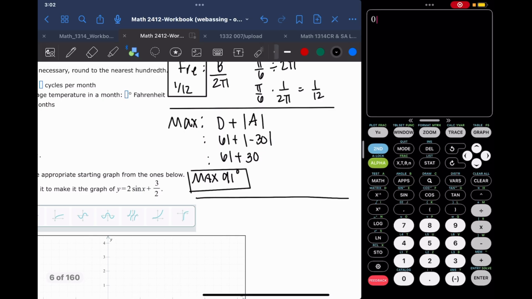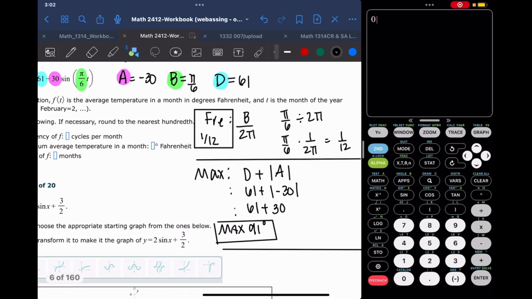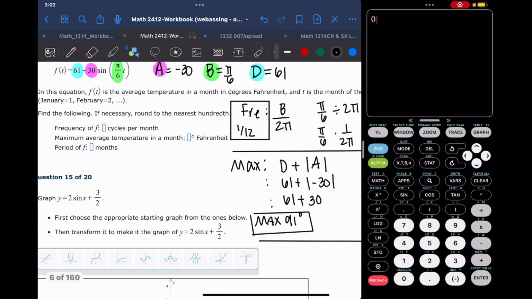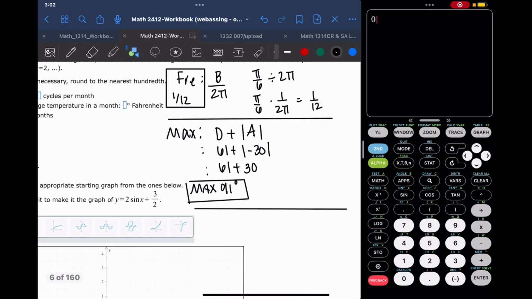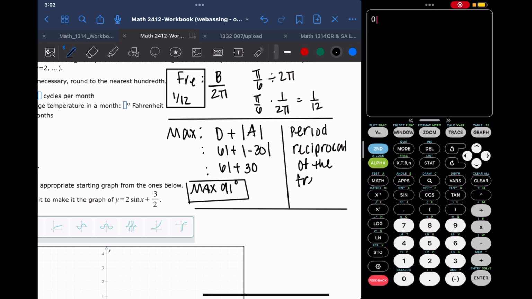And then next, we're going to determine the period. Oh, that one's easy. All you need to know is that the period is the reciprocal of the frequency. And the frequency was 1 over 12, so that means our period is 12.